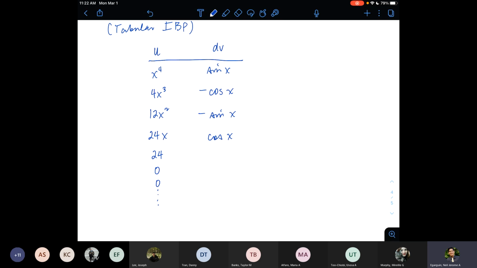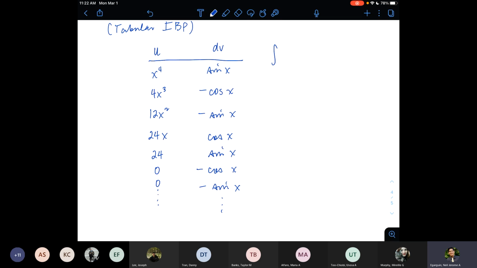And then the integral of cosine x is sine x. And then after that, the integral of sine x is negative cosine x, and then negative sine x, and so on. But I will stop there and you will see later why.